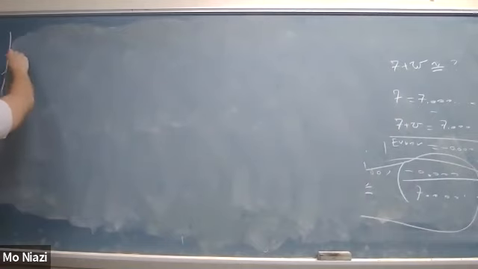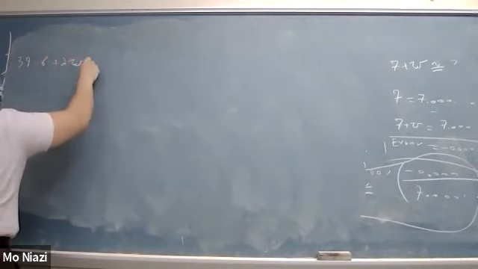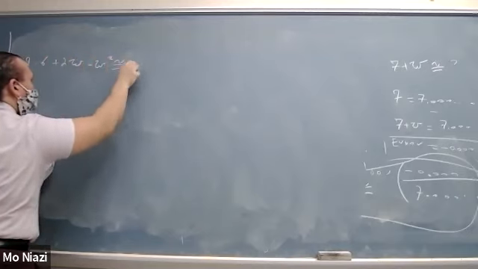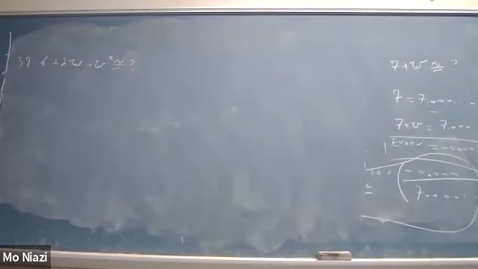So what does this approximate to? That's 0.6. So it'll be 31.6. 39.6.